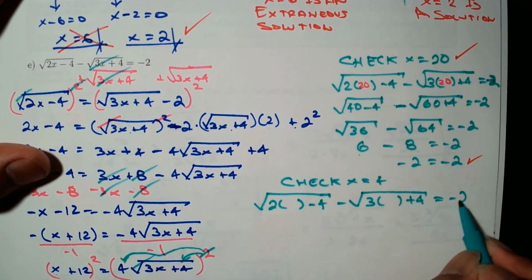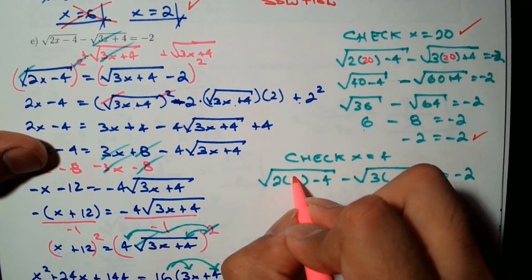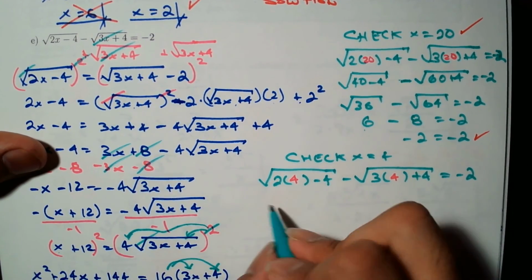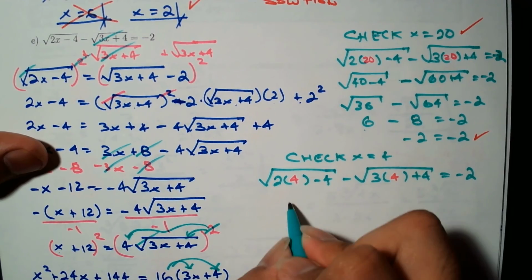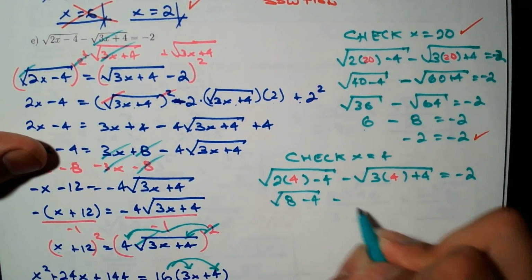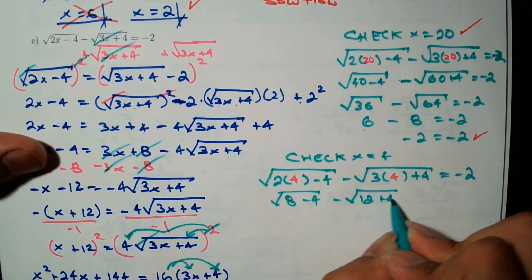Is that equal to negative 2? Well, let's find out. 2 times 4 is 8, minus 4 under the radical, and 3 times 4 is 12, plus 4.